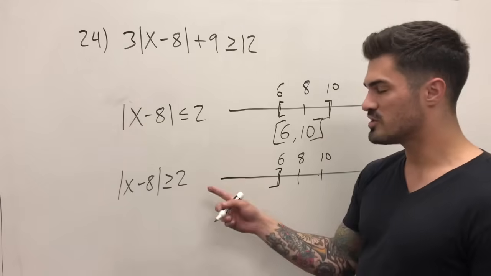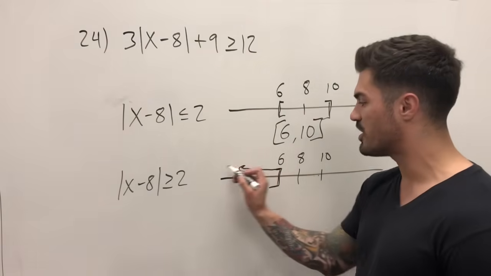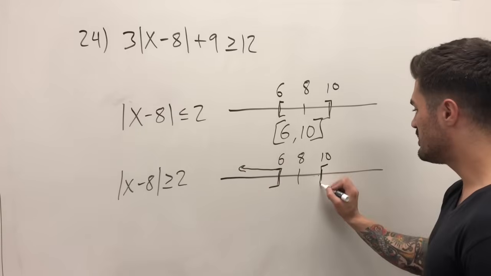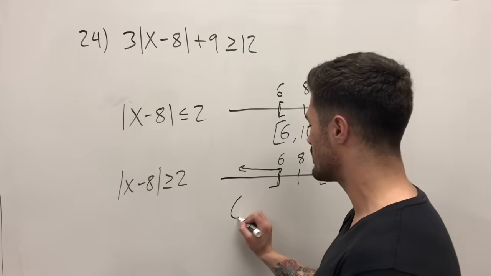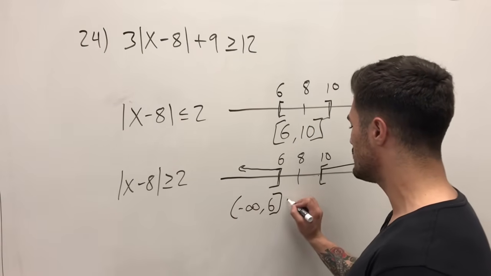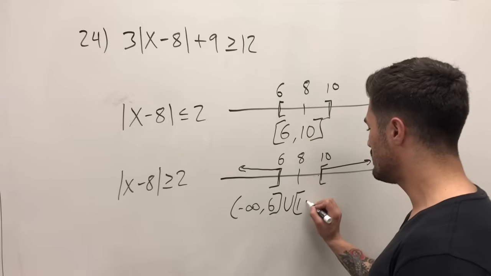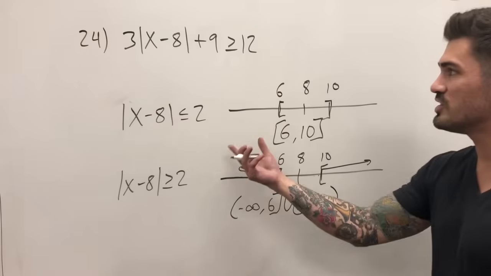Because we want the distance to be greater than or equal to 2, so we're moving this direction. These are all our possible x's, and here, these are all our possible x's. So our solution in interval notation is from -infinity all the way up to 6, including 6, union 10 all the way up to infinity, all right? So these are the two possibilities when solving these.